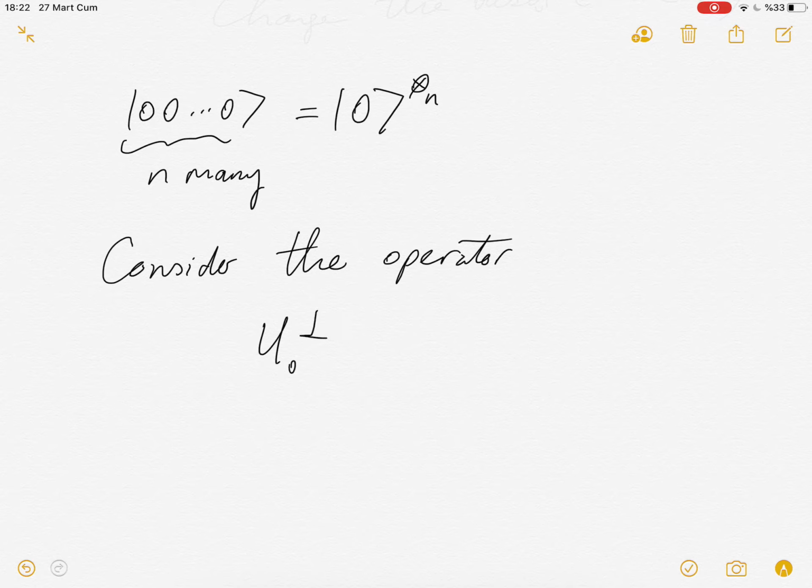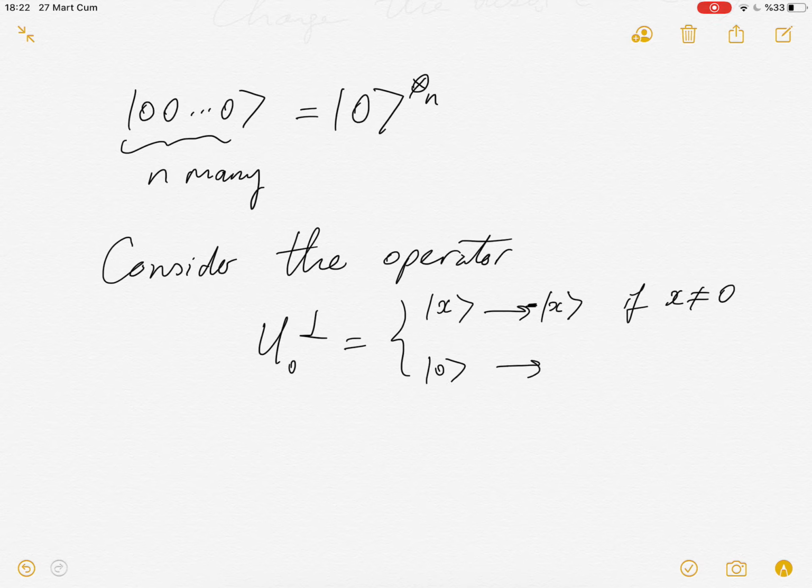So our operation will be denoted by u0 perp. Okay. So u0 perp will be defined as it maps x to minus x if x is not equal to 0, and it maps 0 to 0. When I say 0, I mean 0 tensor n, okay?